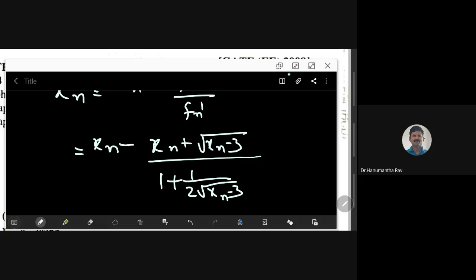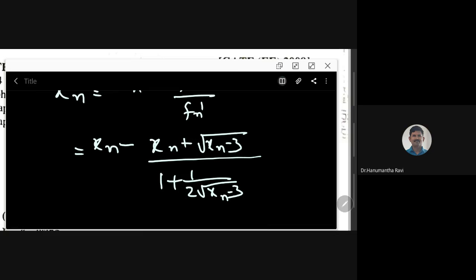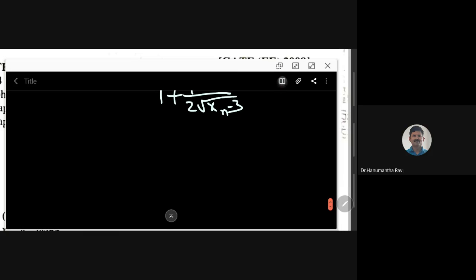Now what they have given is, we need not simplify it. x is 2 is given, what will be the next one? So I take x0 as 2.